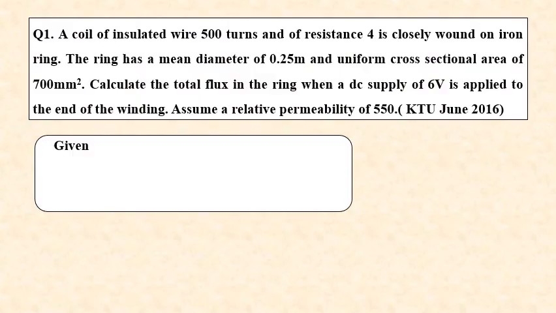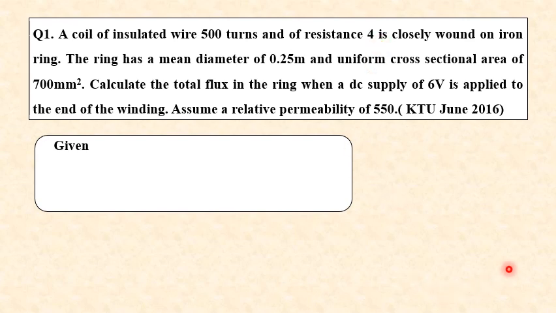Now let's move on to the numerical section. Please go through this question. So in this question we can see that I'm having an iron ring and it is wound with a coil having 500 turns and a resistance of 4 ohm.